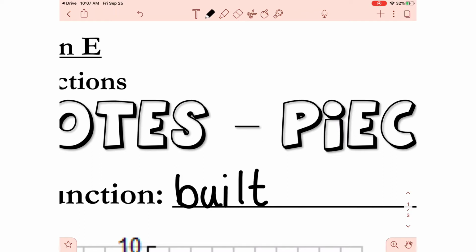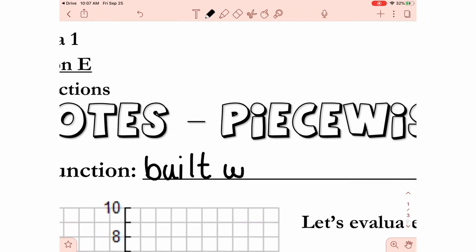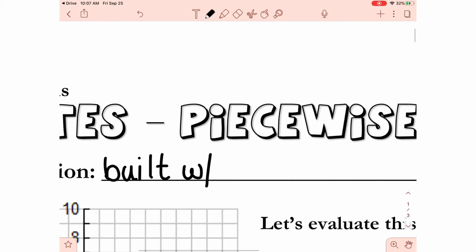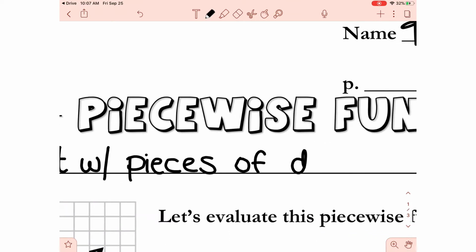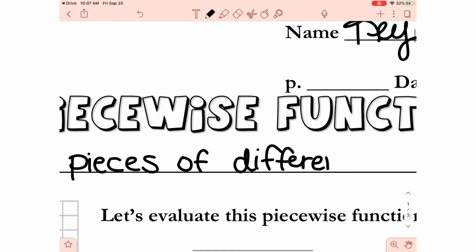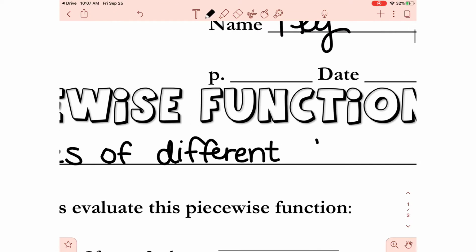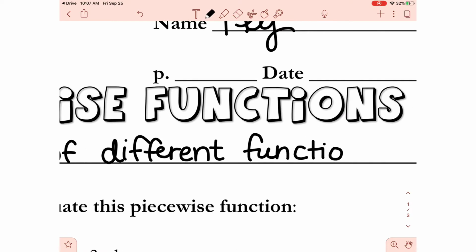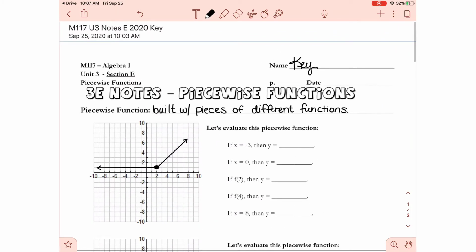So a piecewise function is built with pieces of different functions. These different functions are kind of defined over different intervals, and then they're put together to make one singular function.